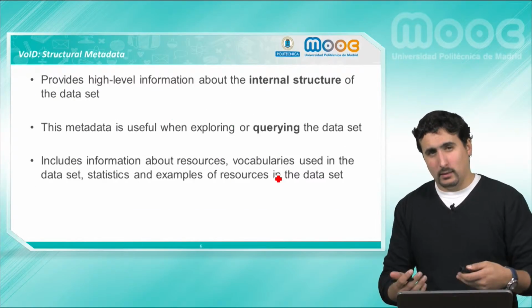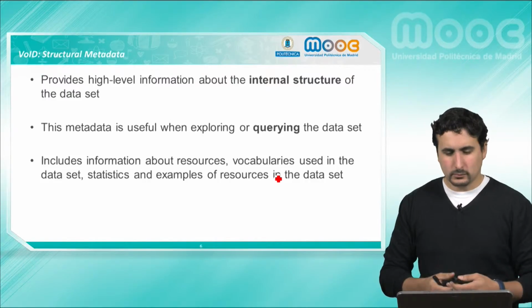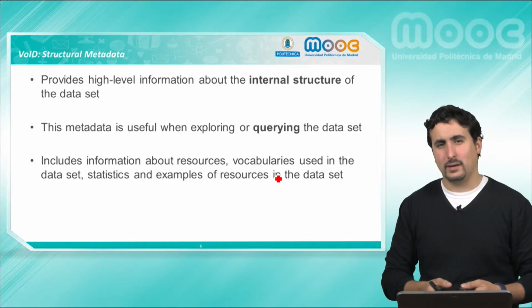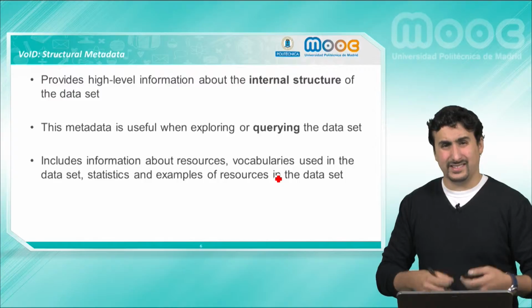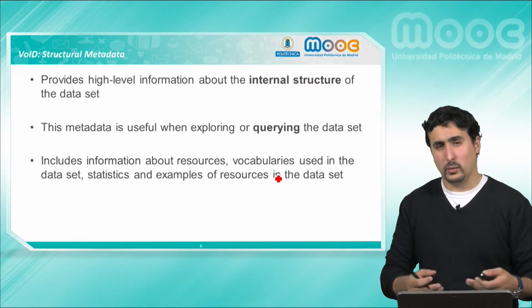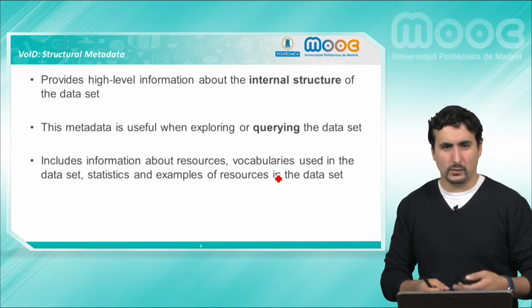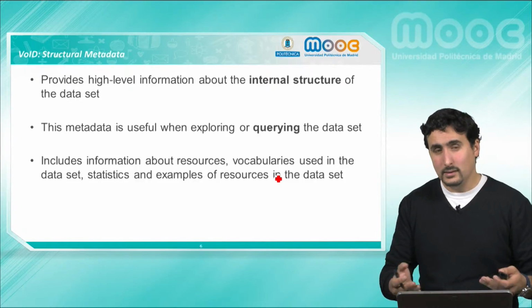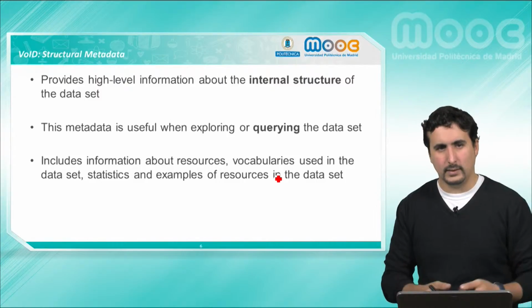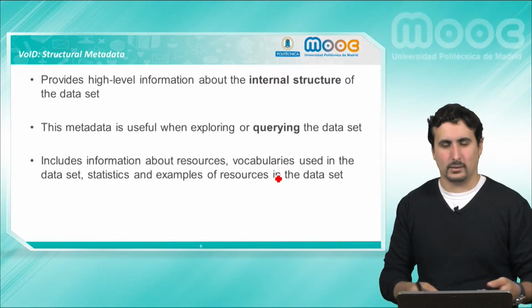Whereas the general metadata describes our dataset from an informational point of view, the structural metadata specifies the inner details about it, including, for example, its internal structure, which is really useful when exploring or querying our dataset. It also includes information about the vocabularies that were used in our dataset, its statistics in terms of the size of the dataset, and even concrete examples of how it is structured.